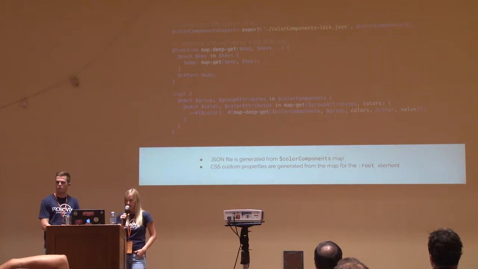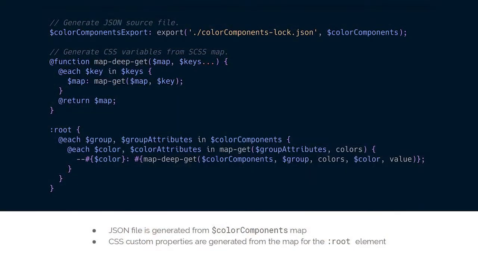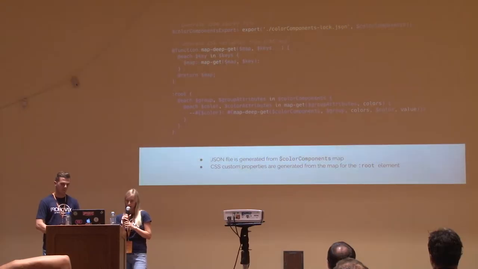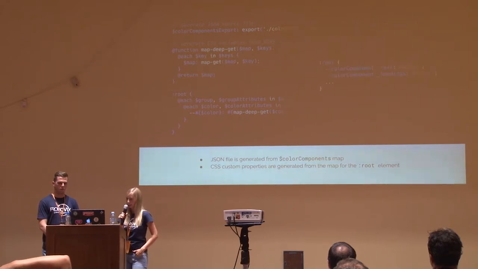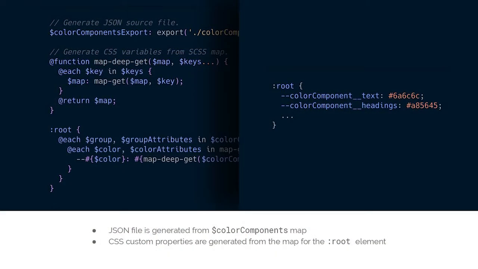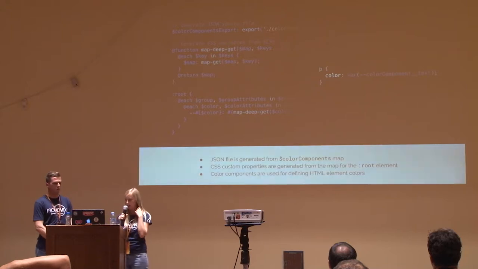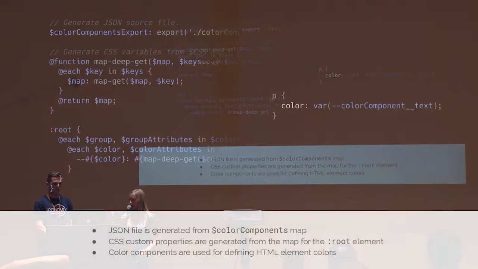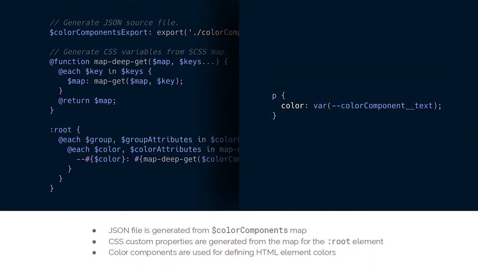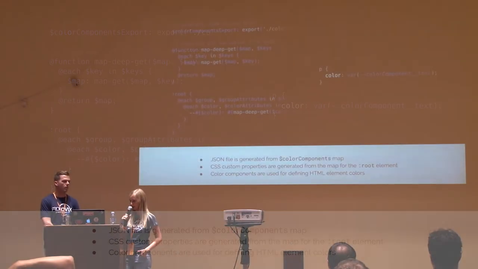And after exporting it to JSON, we generate the CSS custom properties using this nested each function. And as a result, in our generated source, we will have all the color components defined, and they can be used like this. So you just use the var function in the place where you want to use it.